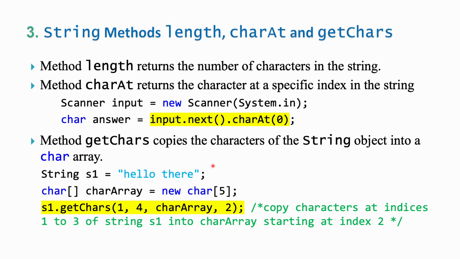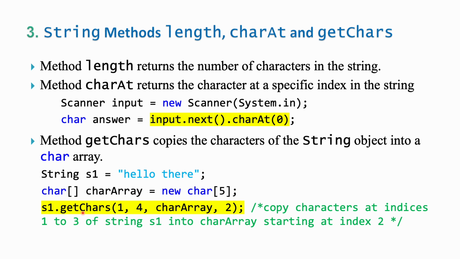The String method getChars copies the characters of the string object into a char array. For example, here we call the getChars method on the string object s1, which has been declared and assigned to the string literal "hello there".